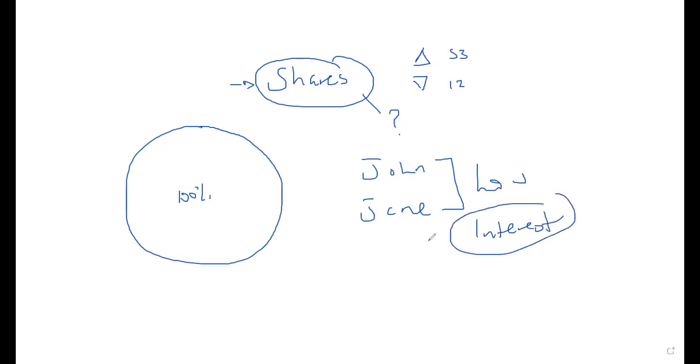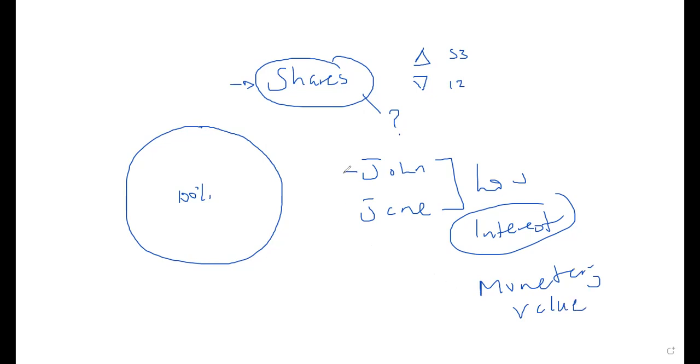What is the level of their interest in that company? That's question one. And number two, what's the monetary value attached to that interest? But let's understand that it's not just interest, it's interest converted into monetary value.